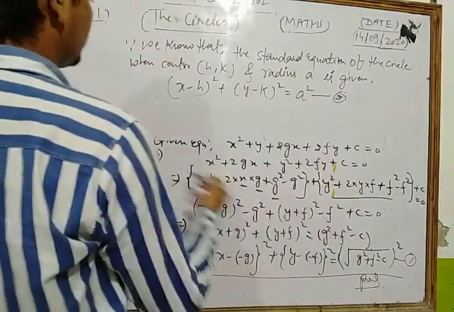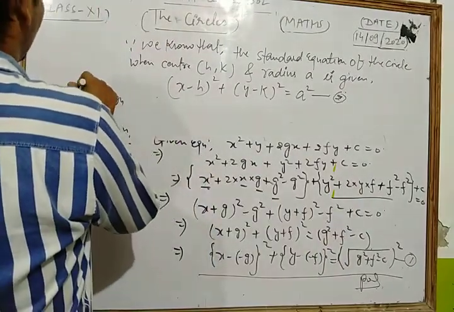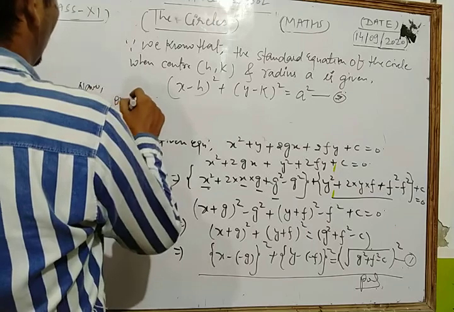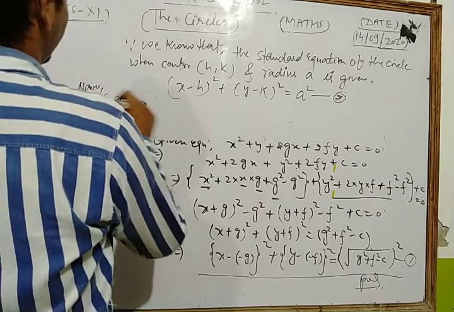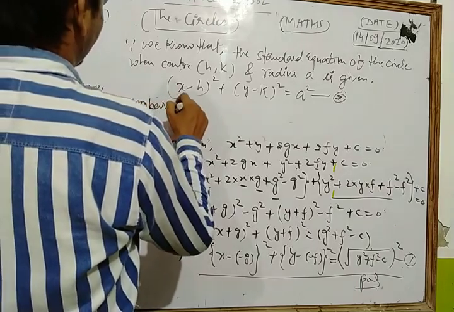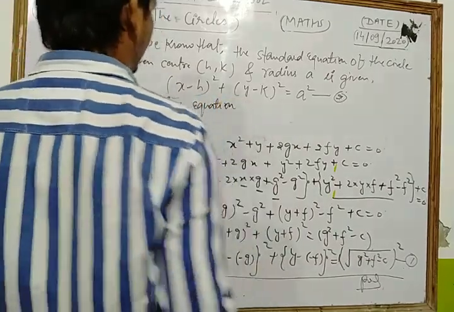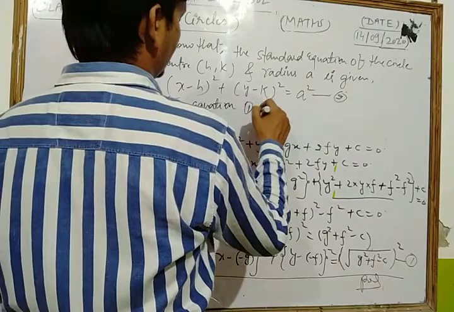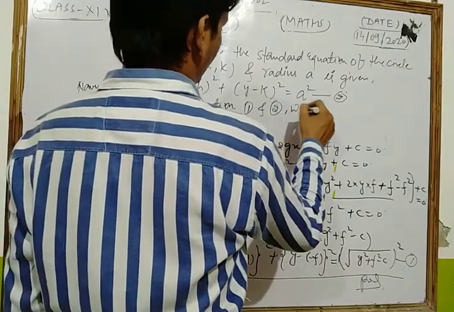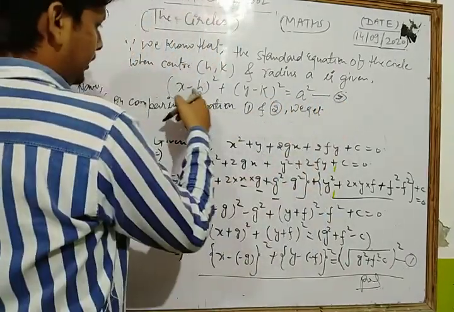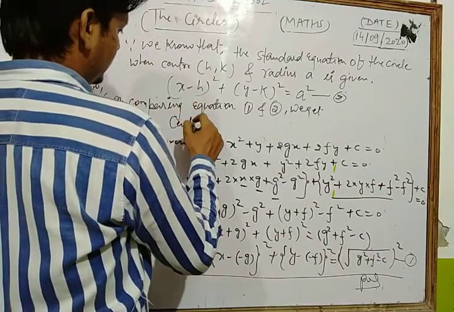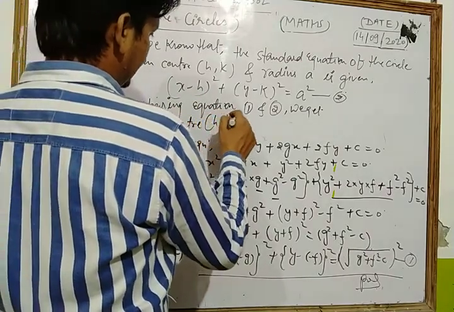Now on comparing equation 1 and 2, we get the center, that is (h, k), equal to what?